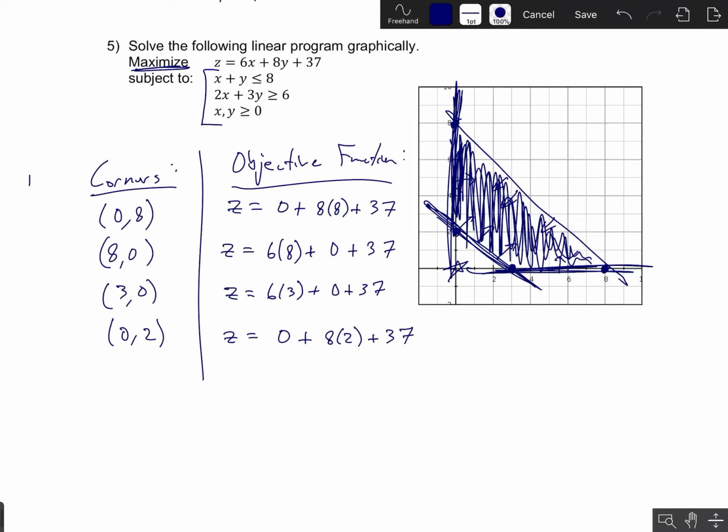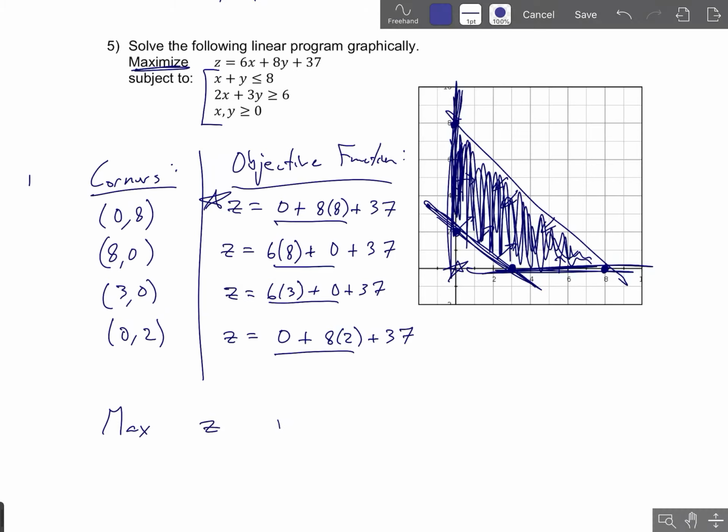Now, we're just looking for which one of these values is maximal. Notice that all of these have a plus 37. So that's not going to advantage any one of these terms. We can basically ignore that term. And then we just need to decide which of these expressions is largest. And the largest of those would be the 8 times 8. So that will give us the maximal value up here.